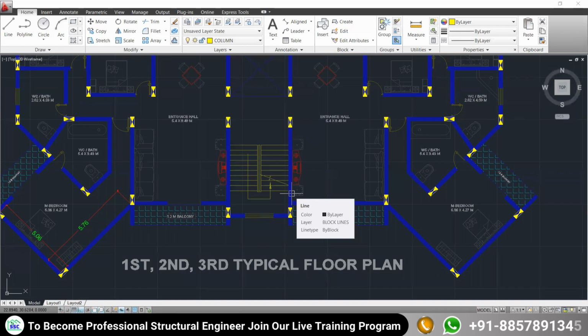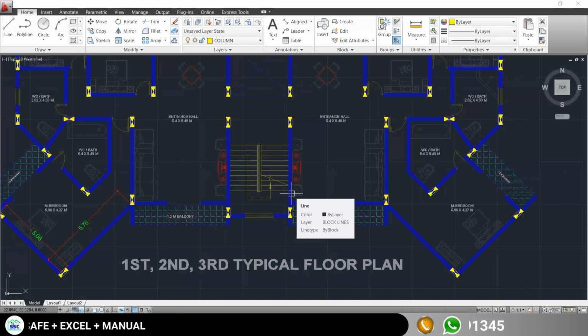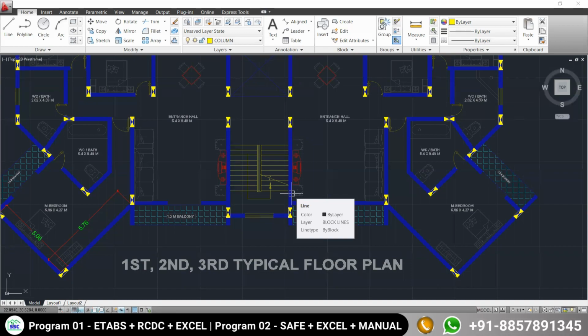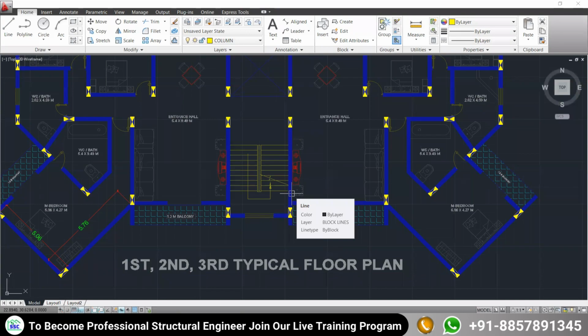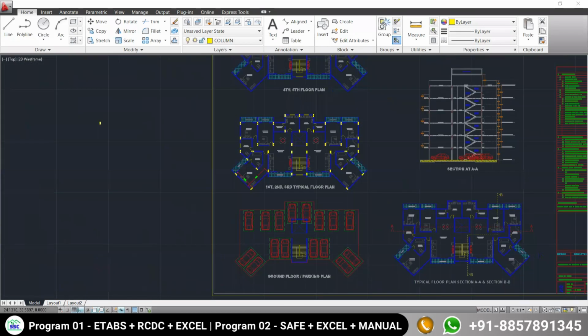So from base to top of the structure, your lift position is not going to change. Likewise, your staircase position is not going to change. Always you have to take the reference of that point only. While you are shifting any element from one floor to another floor, take the reference of a point which is not going to change its position. This is a very practical point.